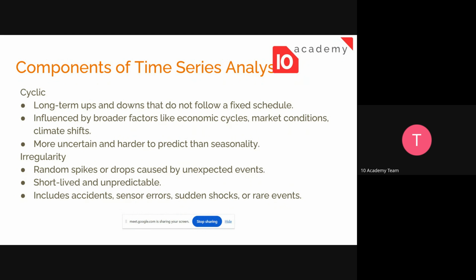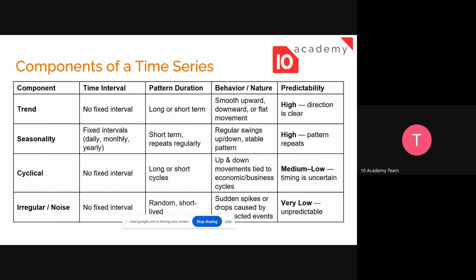When you did your EDAs, I think you found outliers or values that don't fit the data. That might be a sensor error, so that's one of the irregularities. So let's see them in comparison, the components of the time series.